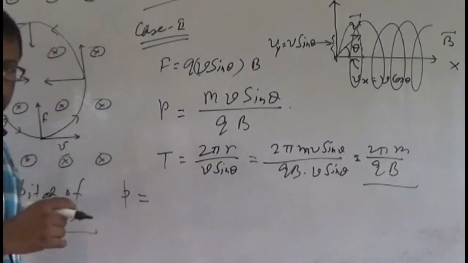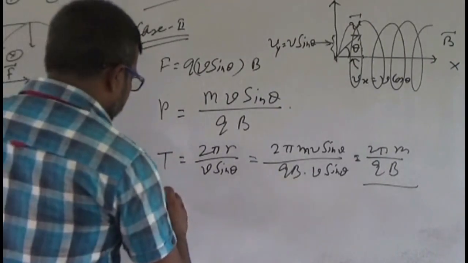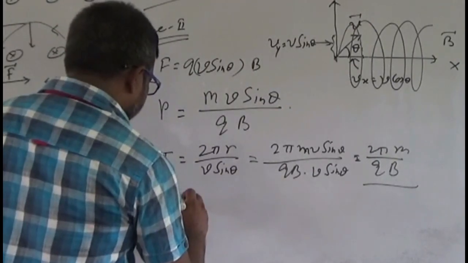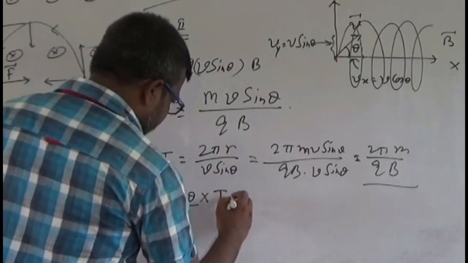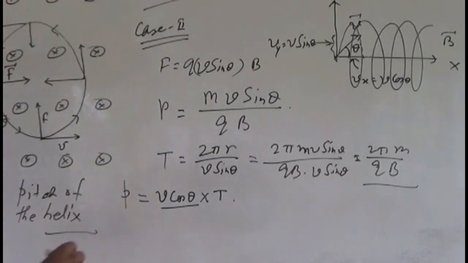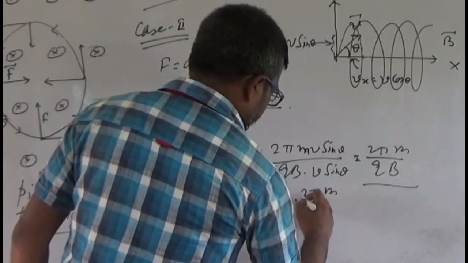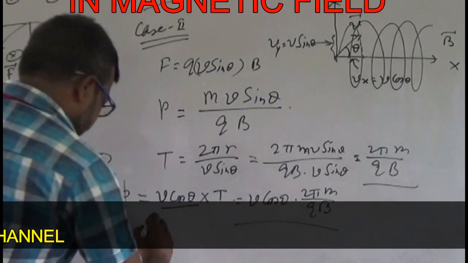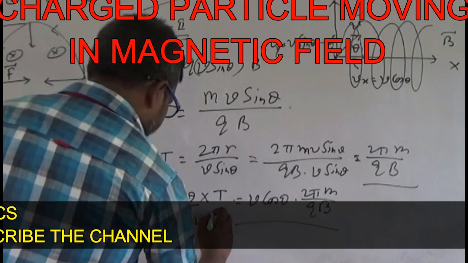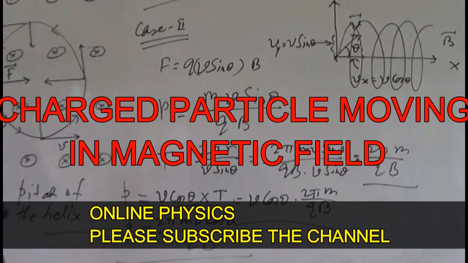It is the linear distance, that is the distance traveled in x direction, which is the velocity along the direction of the magnetic field multiplied by the time period. This will be equal to v cos theta into T, which is 2 pi m by qB. That means you get 2 pi m v cos theta by qB as the pitch of the helical path.